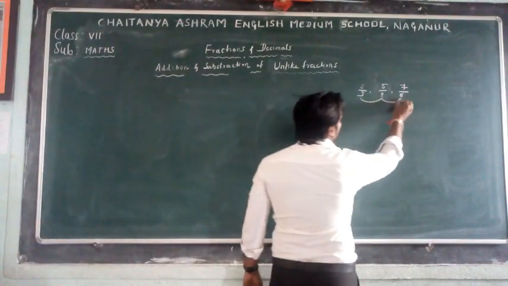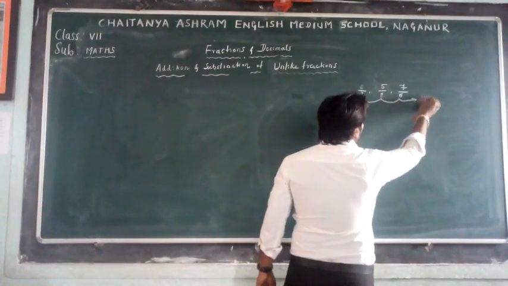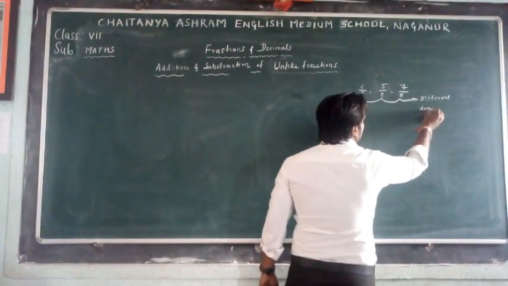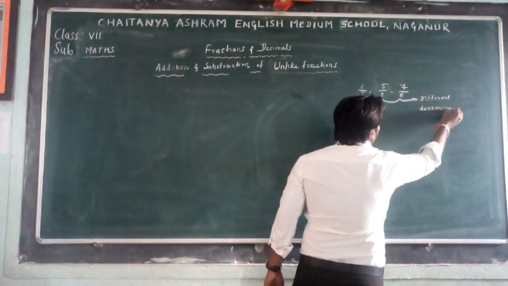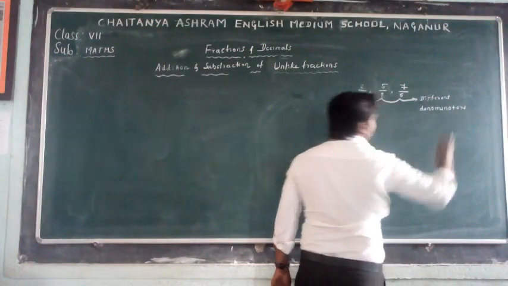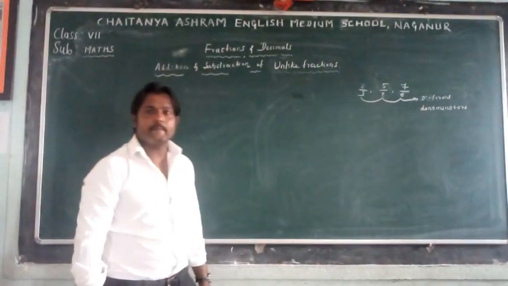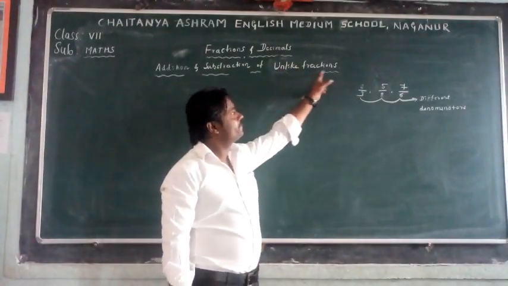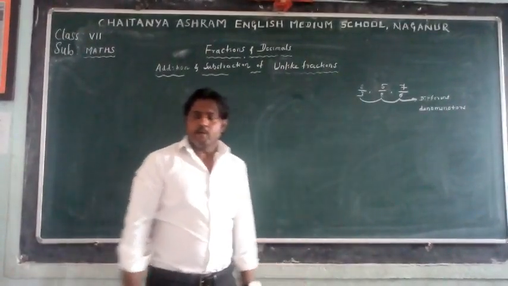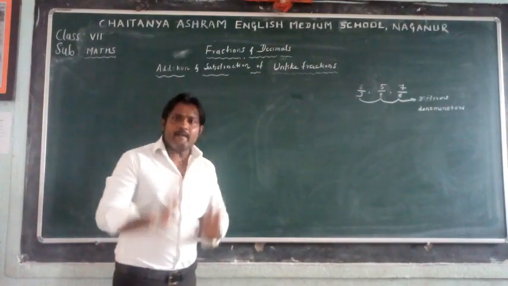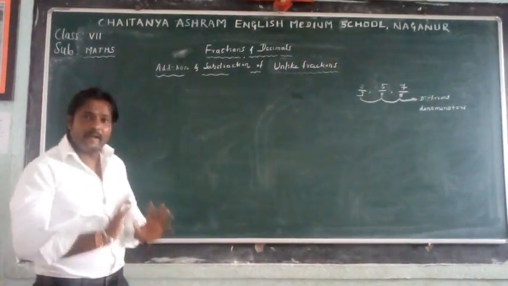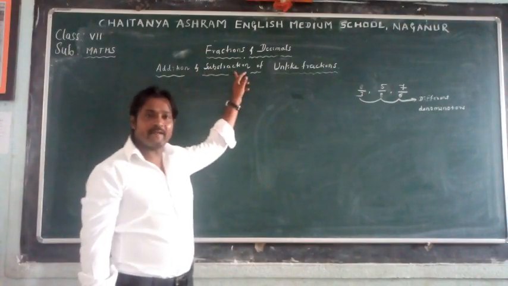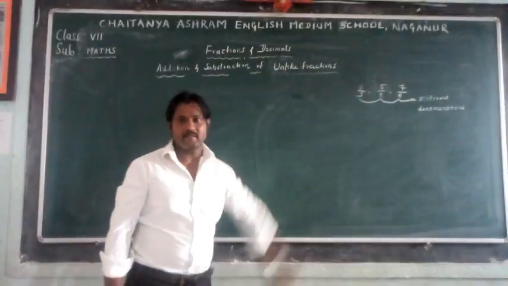These fractions have different denominators. That is why these fractions are called unlike fractions. So about unlike fractions, we learn how to add and subtract unlike fractions.